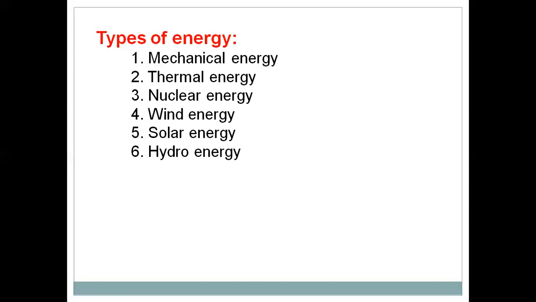And the sixth one is hydro energy, nothing but by using water, we can produce electricity at hydro power projects. And the seventh one is biomass energy, nothing but biomass that is agriculture based, maybe animal dung. By using these materials, we can produce energy, called biomass energy.